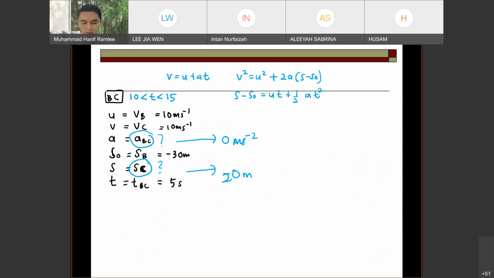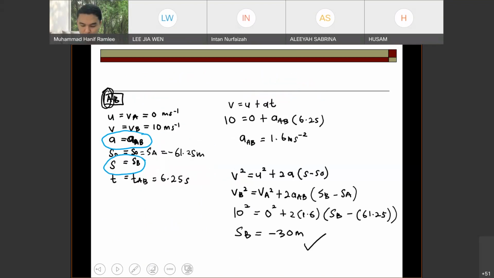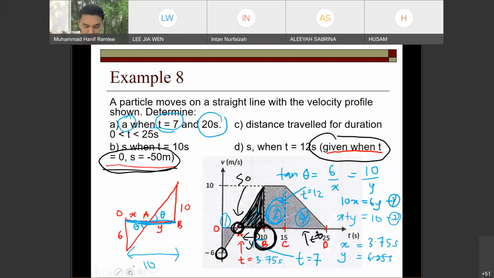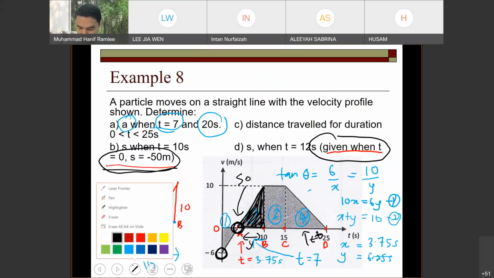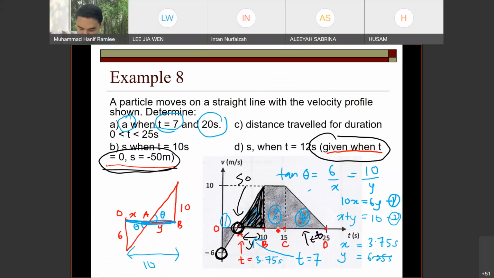So you have to determine S when T equals 12. From this time you have to introduce a new point. Let me draw the new point here. I erase the messy things here. I can't erase them. Never mind. I put T, another point here, 12, roughly here.